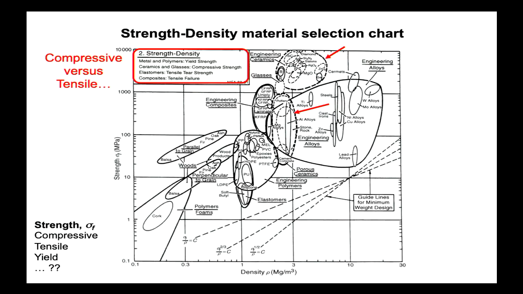So everyone in the room now will not make that introductory mistake. If I ask, give us the material that will cope best with this kind of loading as a cable, and you go up to diamond or silicon carbide or boron or some such, you'll get a big cross, because you haven't read the chart properly, haven't looked at the title block properly, haven't attended this lecture, or you're half asleep right now.